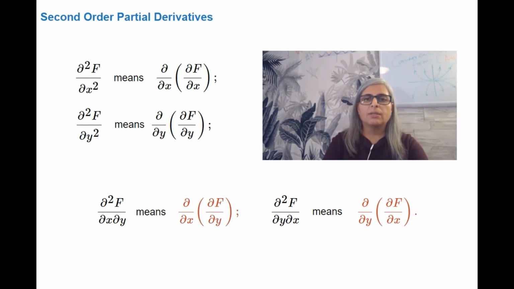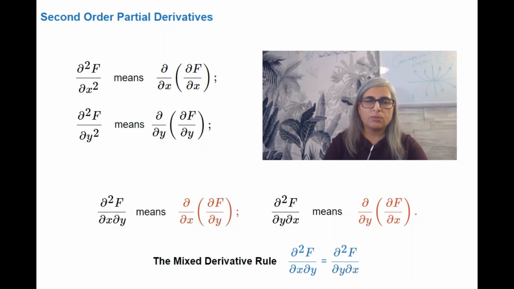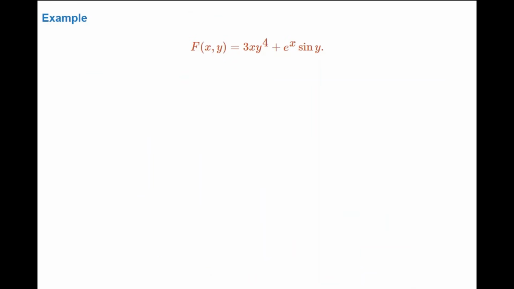Now, there is a very well-known, very important theorem called the mixed derivative rule, which says that it does not matter which order you take while taking the mixed derivative. And now we observe the function we formed from a composition of 4 functions before. f(x,y) equals 3 times x times y to the 4 plus e to the x sine y.